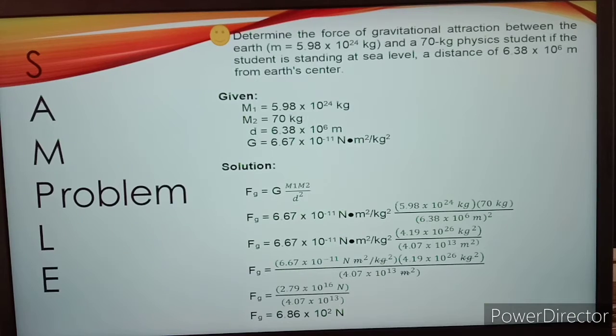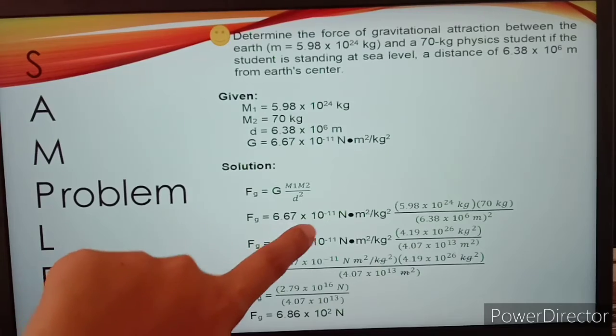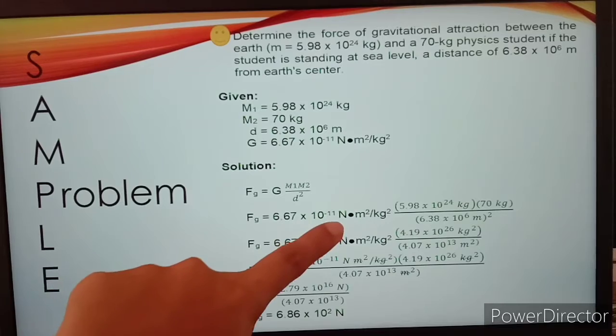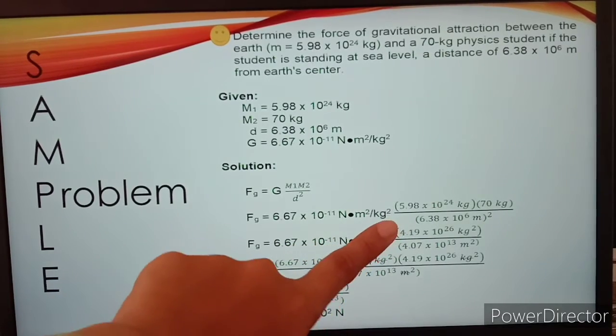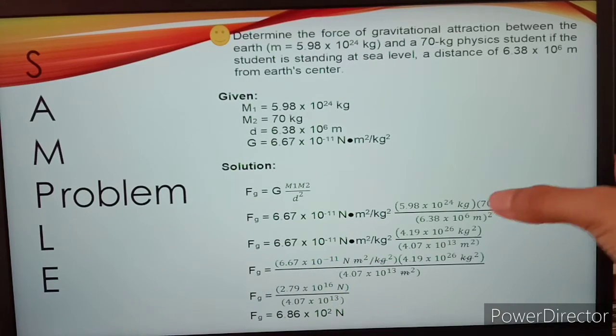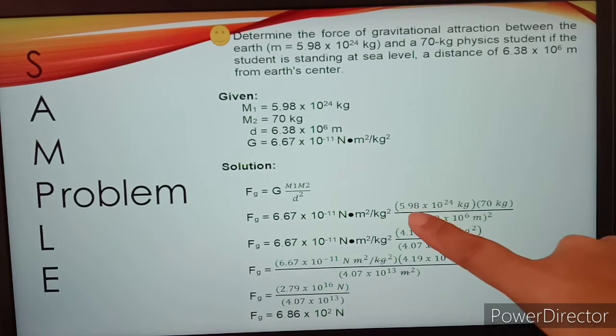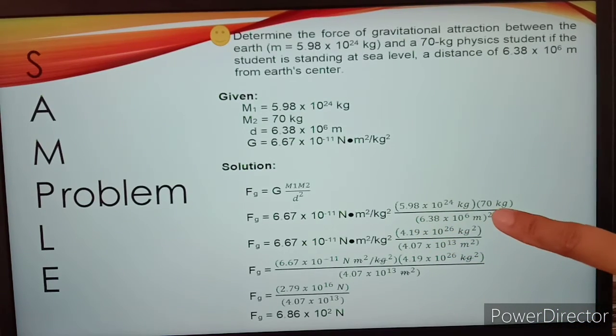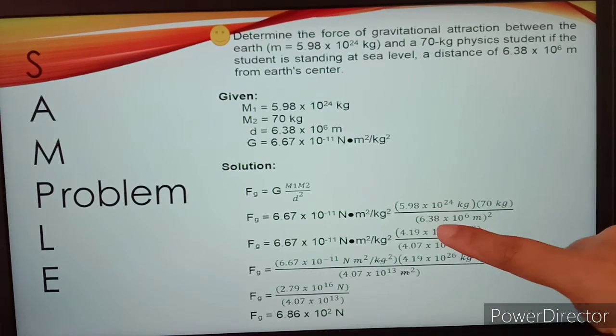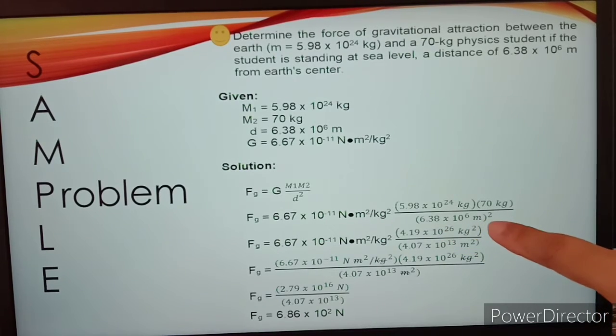We are just going to substitute the given values: the universal gravitational constant 6.67 times 10 raised to negative 11 Newton times meter squared over kilogram squared, the mass m sub 1, 5.98 times 10 raised to 24 kilograms, and m sub 2 equal to 70 kilograms. For the distance, we have 6.38 times 10 raised to 6, and we need to get its square.